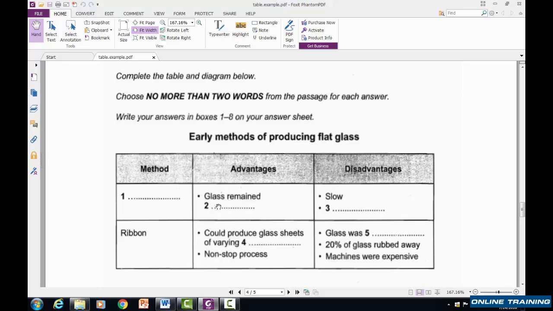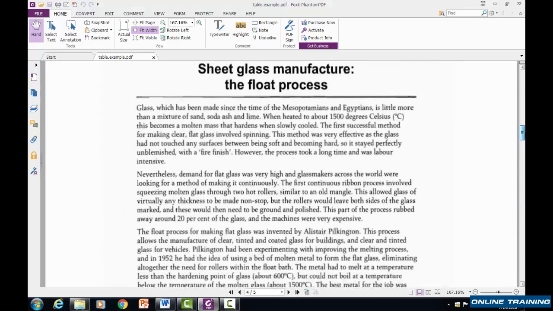All right, so I'll go to number 2. The glass remained. All right, see what it says. I'm right here in the first paragraph, everyone. I'm in the third sentence where it says the first successful method. Right here where you see that little hand on the screen. Always follow the little hand.